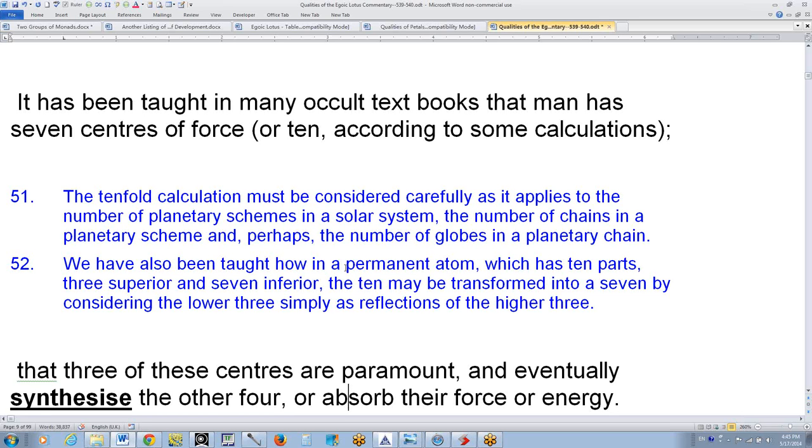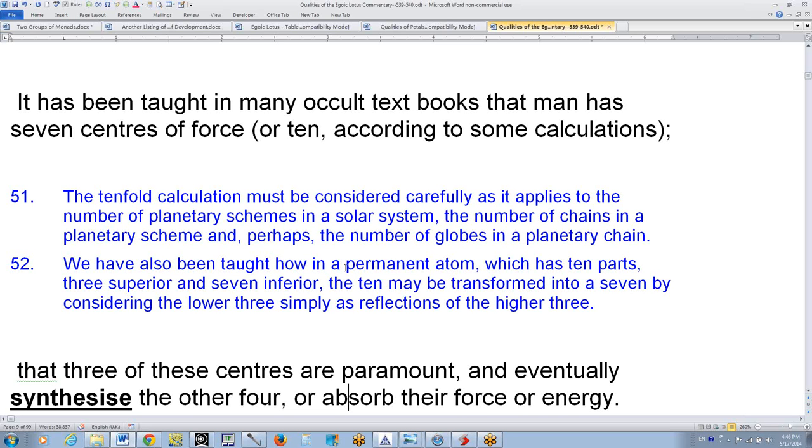There are some subjective chains and, I think, subjective globes, and maybe that has something to do with the inner round. And we've also been taught how in the permanent atom, which has 10 parts, 3 superior and 7 inferior, the 10 may be transformed into a 7 by considering the lower 3 simply as reflections of a higher 3.